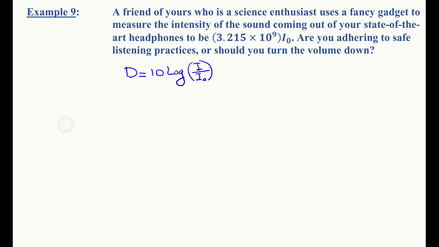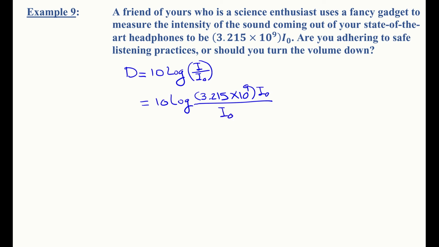So here we're just going to substitute. So we get 10 log of, we know that the intensity of the sound coming out of your headphones is 3.215 times 10 to the 9 times I0 divided by I0.